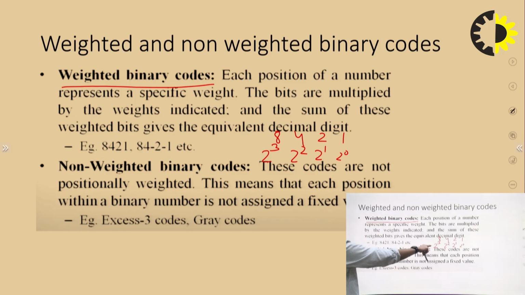We add the weights represented by the binary number and we get its decimal equivalent.